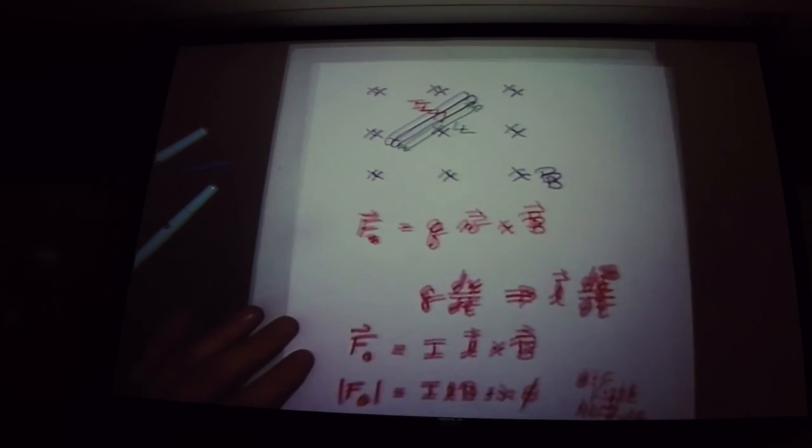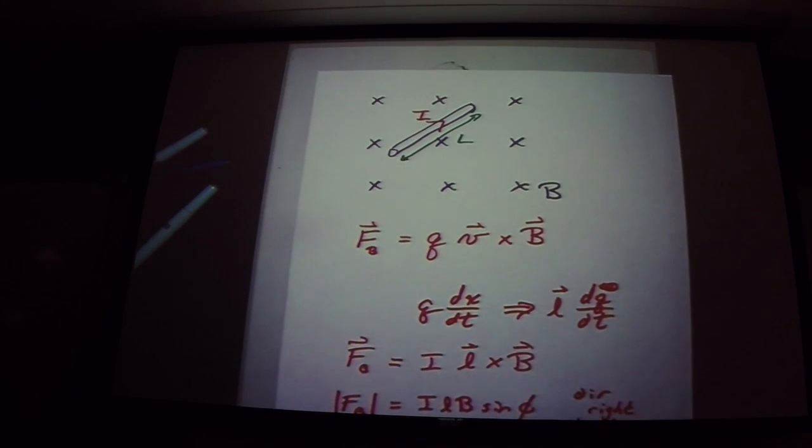In this case, your straight fingers go along the current so that when you turn them, you're turning them in the direction of the magnetic field. Your thumb will point in the direction of the force.